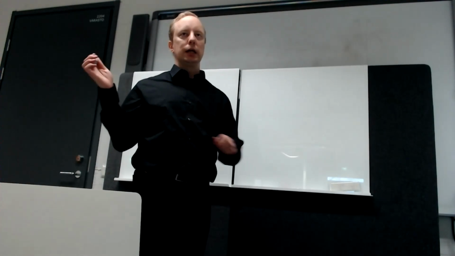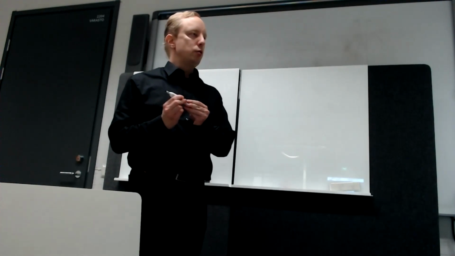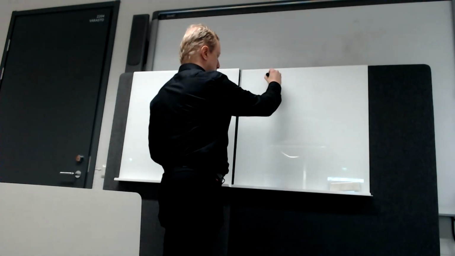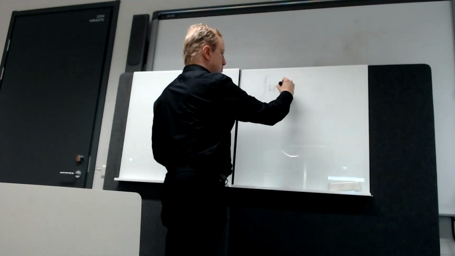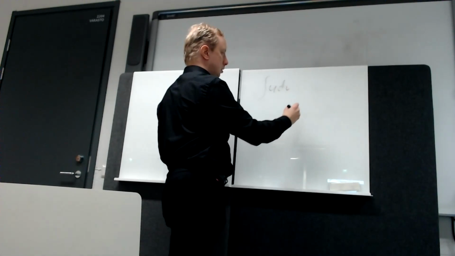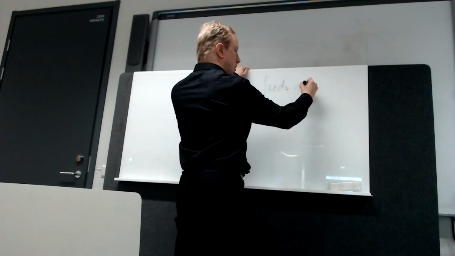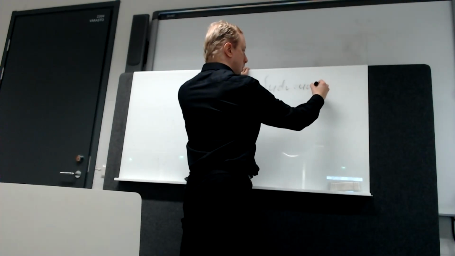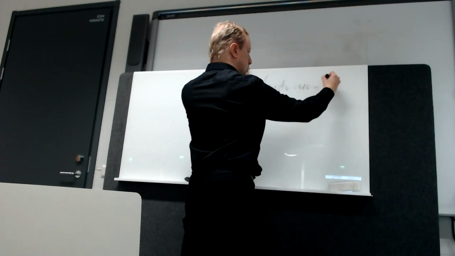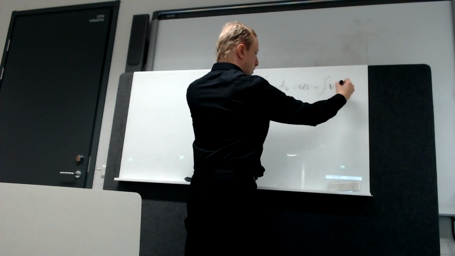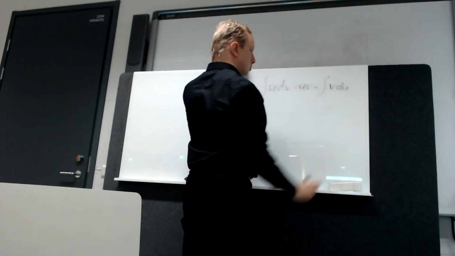So on our textbook, by the way, this is also a note on exercises. The textbook states that u dv equals uv minus the integral of v du.